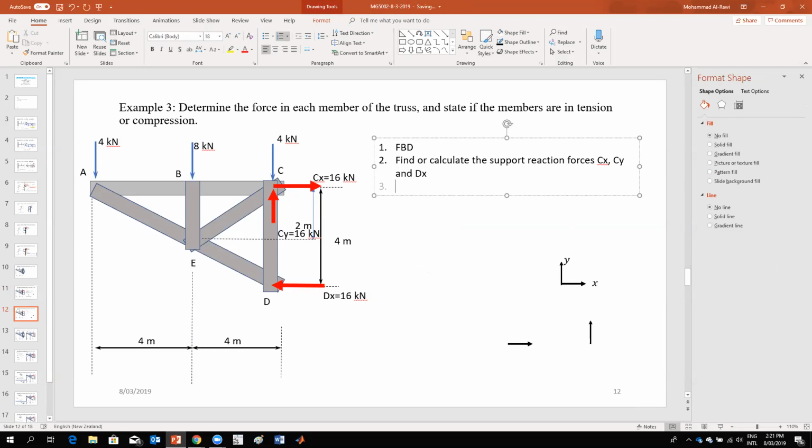Step 3: work using the joint method to find the member force.